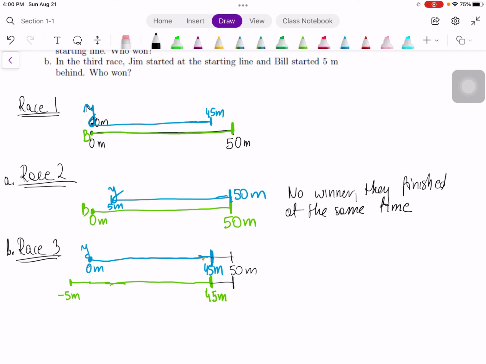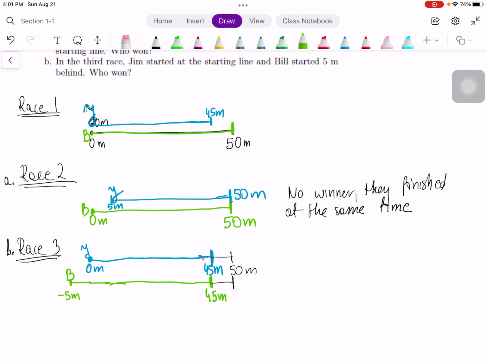We know that within the same time, Jim runs 45 meters as Bill runs 50 meters, right? If Bill was 5 meters behind, they crossed the 45 meter mark at the same time of the race, because for Bill that was really 50 meters he ran, and for Jim 45, because he started at this starting line.